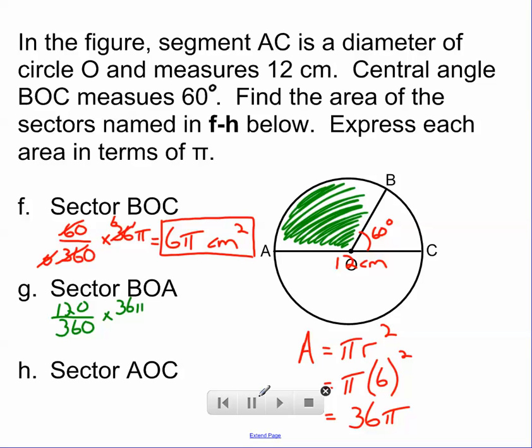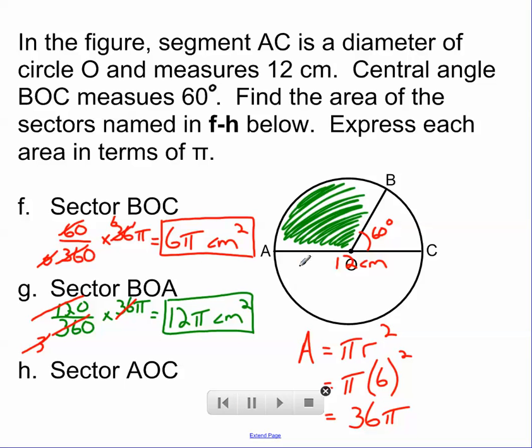And again, we'll multiply it by the area of the entire circle. 120 goes into 360 3 times. 3 goes into 36 12 times. So it's 12 pi centimeters squared. Notice too that since the angle is twice as big, it's 120 compared to 60, the area is twice as big, 12 pi compared to 6 pi.